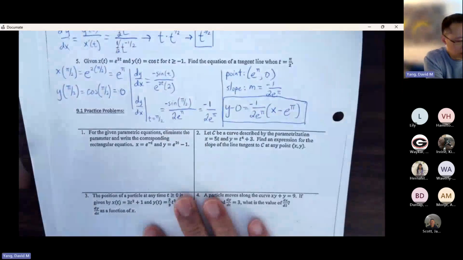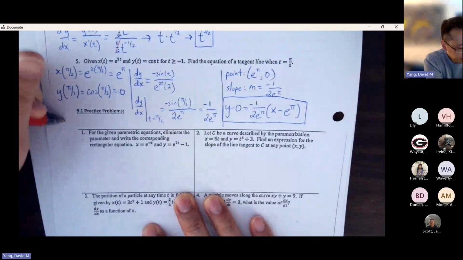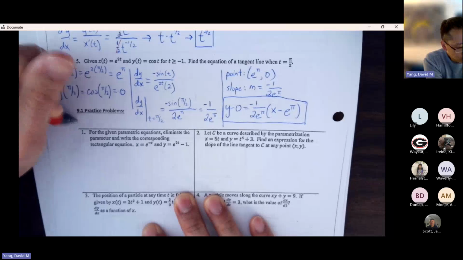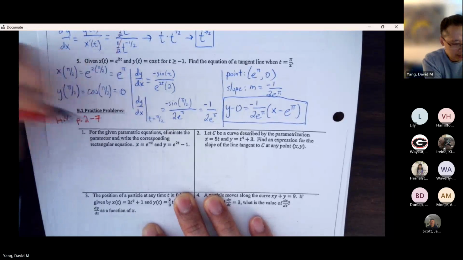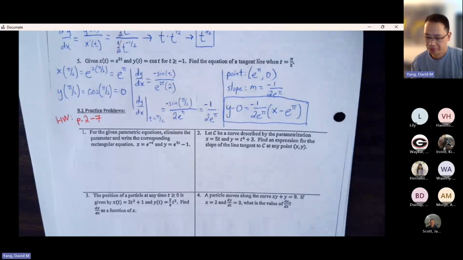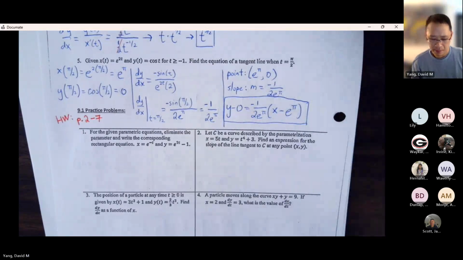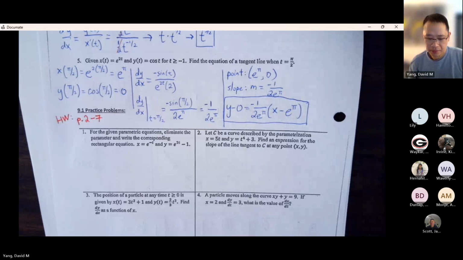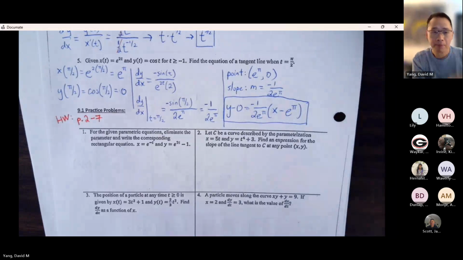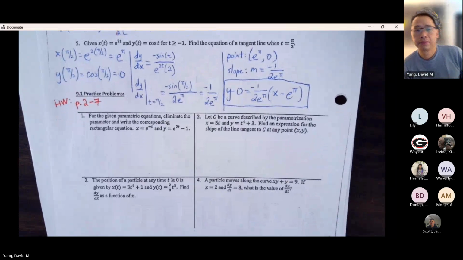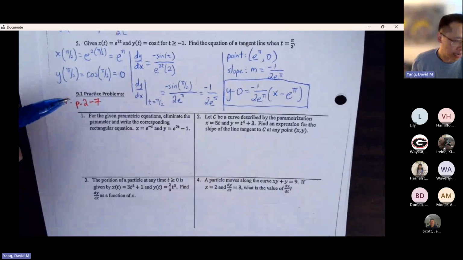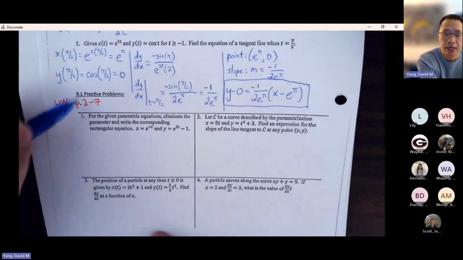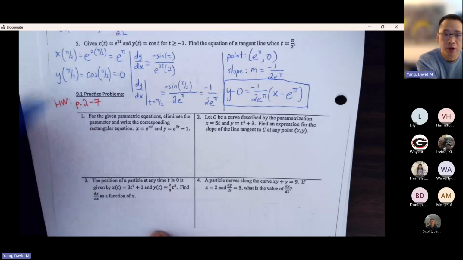So our eventual homework, it's just going to be these pages here. So pages 2 through 7. I probably won't make this homework due until after we have our quiz, but just to give you an idea of what we're working towards.